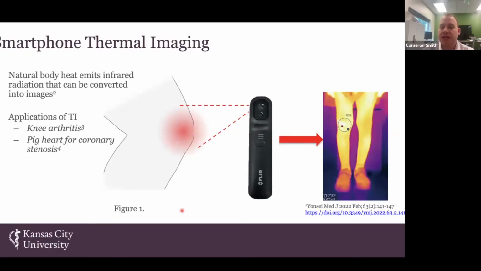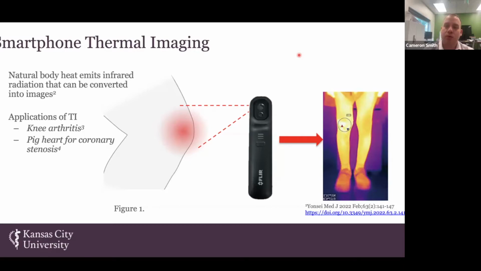So thermal imaging has been around for quite some time. It was created back in the 19th century and was used in police and military efforts and also construction work. The machines back then were really big, really bulky, and really hard to use. But now, as technology has advanced, we've started to create smartphone attachments of these thermal imaging cameras.